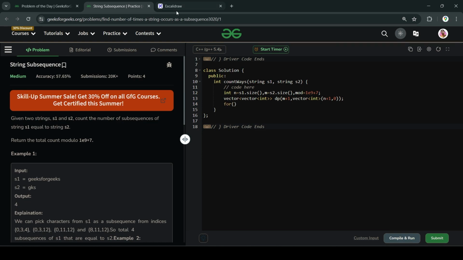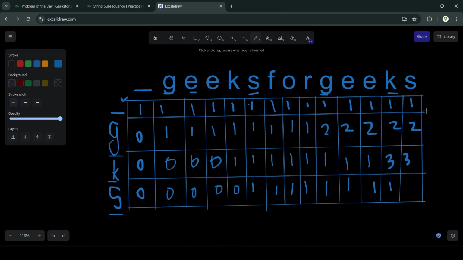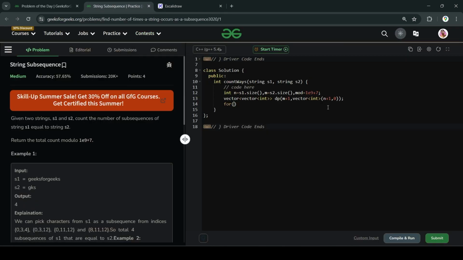And we have to initialize 1 in the 0th row. So for int i equal to 0, i less than or equal to n, i plus plus, dp of 0, i will be 1. And for other values, it will be as it is.